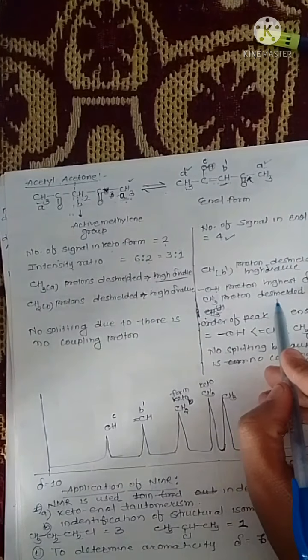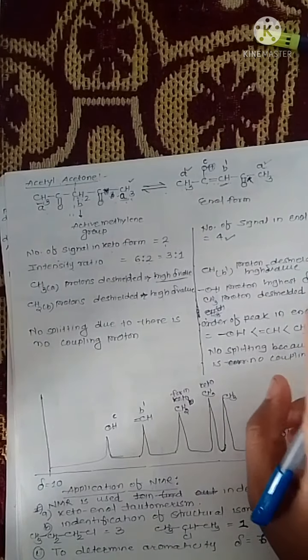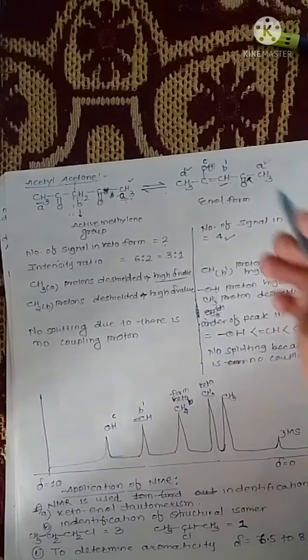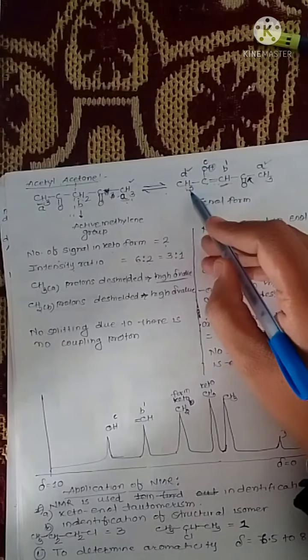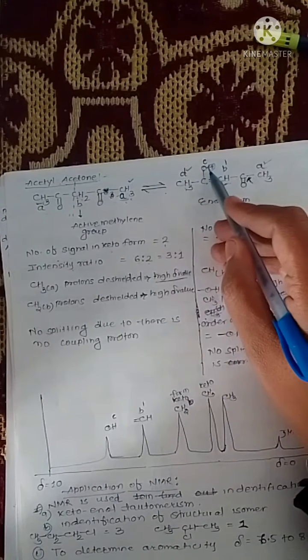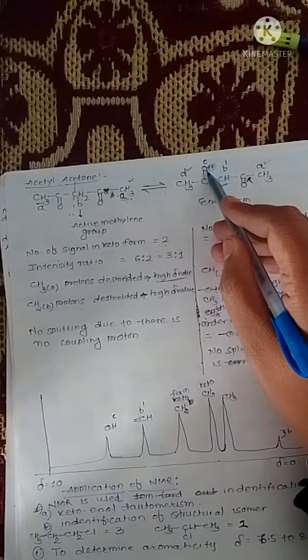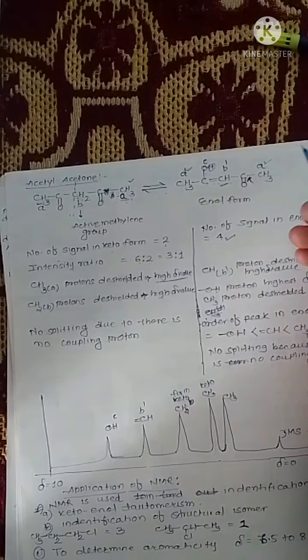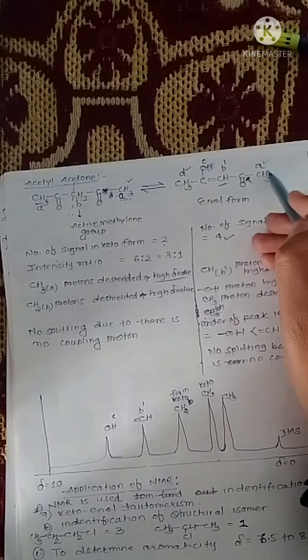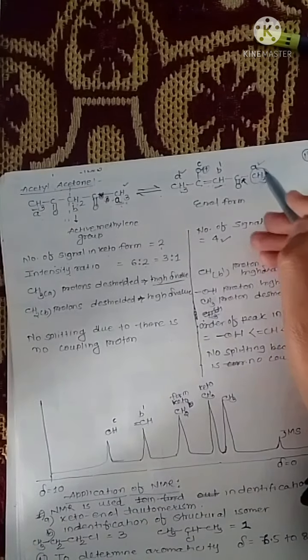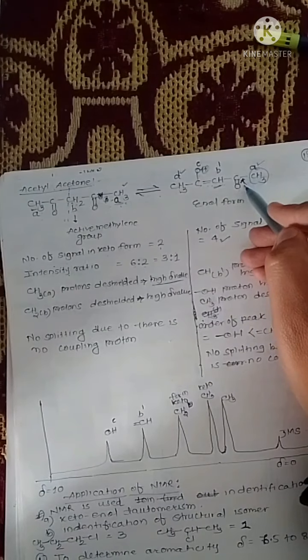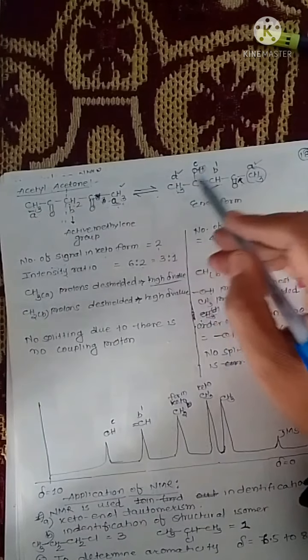The CH3 proton is also de-shielded, but we have 2 different types of CH3. One CH3 is attached directly to the carbonyl group, another CH3 is attached to a carbon atom which is attached to the OH group. So both CH3 get de-shielded, but the de-shielding of this CH3, which is denoted by A, is higher as compared to this.